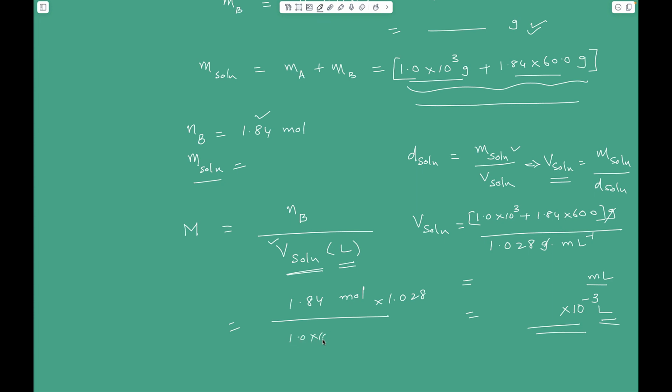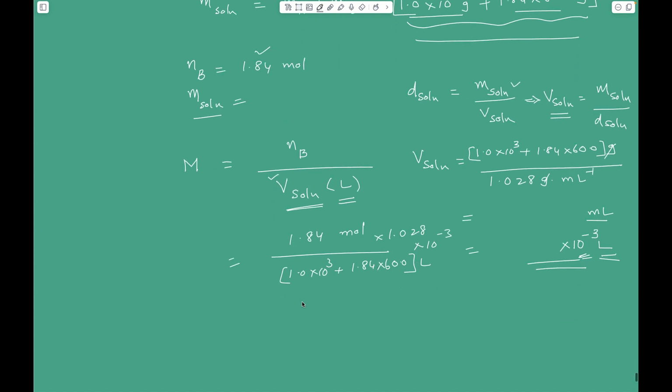1.0 into 10 to the power of 3 plus 1.84 into 60 liters. Don't forget this 10 to the power of minus 3 as well.